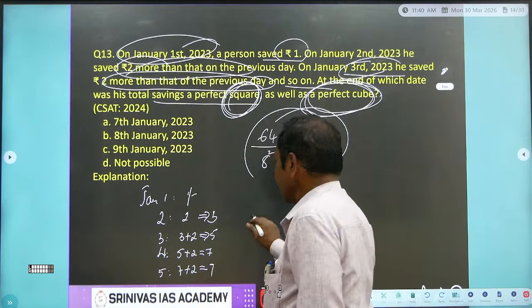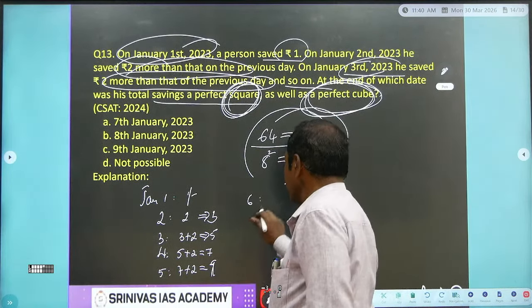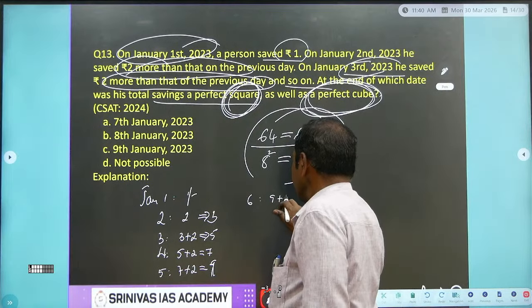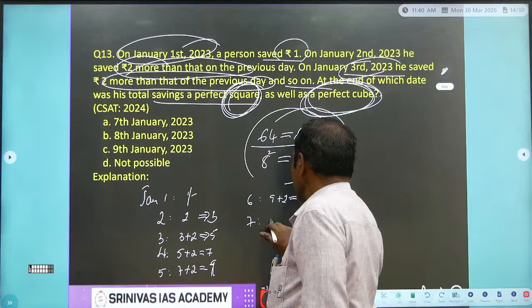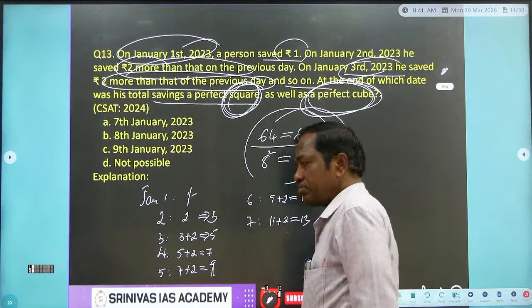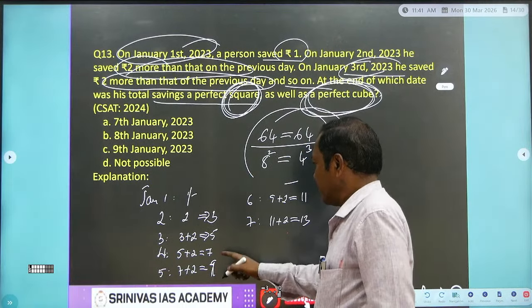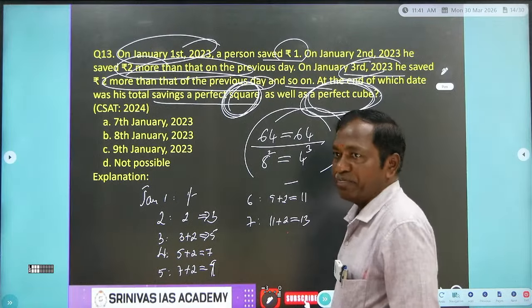Till, let us take 6. 9 plus 2 is 11. 11 plus 2, 13. Now put up the total.